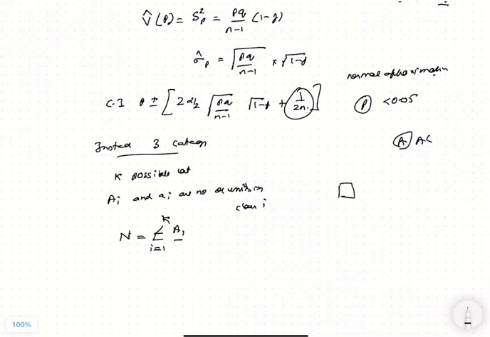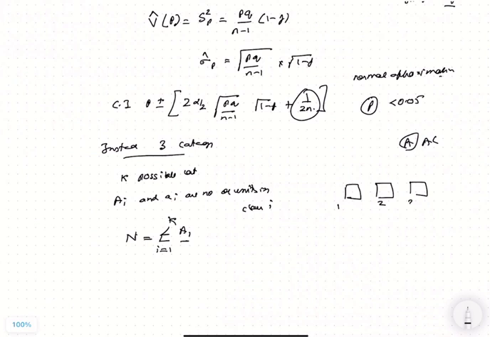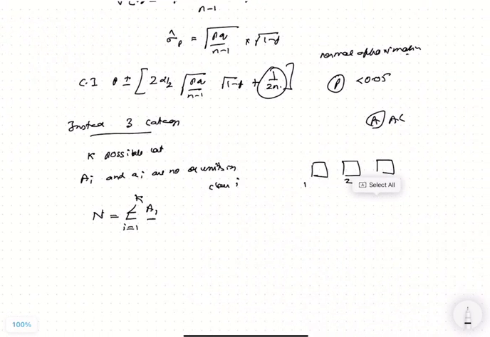So for example, we have these 3 buckets, right? 1, 2 and 3, and the number of units are say A1, A2 and A3. For example, we are asking a question and some people say yes, some people say no, and some people say NA.